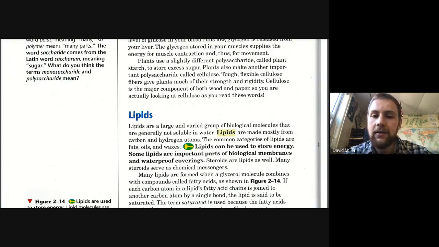Plants use a slightly different polysaccharide called plant starch to store excess sugar. Plants also make another important polysaccharide called cellulose. Tough, flexible cellulose fibers give plants much of their strength and rigidity. Cellulose is the major component of both wood and paper. So you are actually looking at cellulose as you read these words.